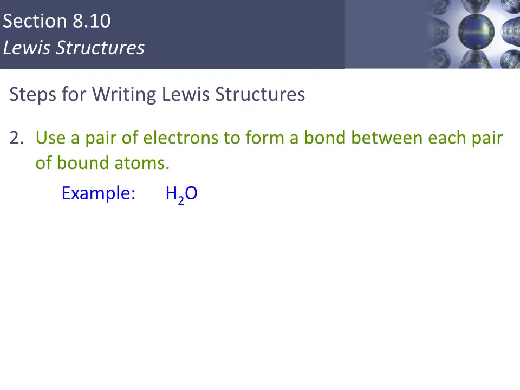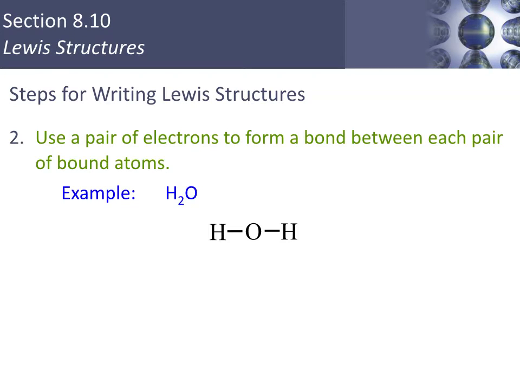Then we're going to use a pair of electrons to form a bond between each pair of bound atoms. So we've done that. Remember, there were 8 electrons we had to deal with, and now we've used 4: 2 between one of the hydrogens and the oxygen, and 2 between the other hydrogen and the oxygen.